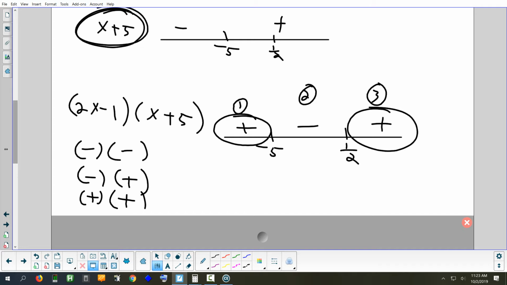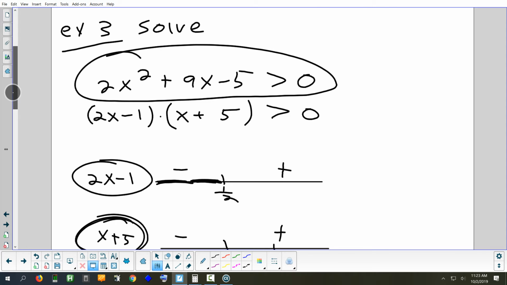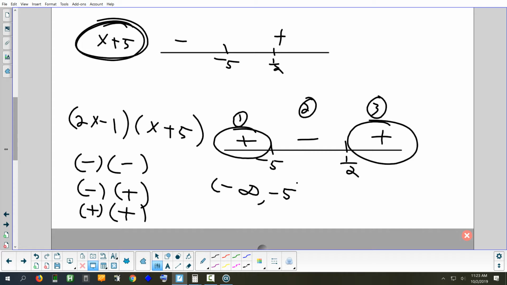2 sections, right? So either, and this is how you write it as an interval. You can pick any number from negative infinity up to negative 5. Now I don't remember if it said equal to or not. It didn't, right? There is no equal to, so it's a parenthesis.